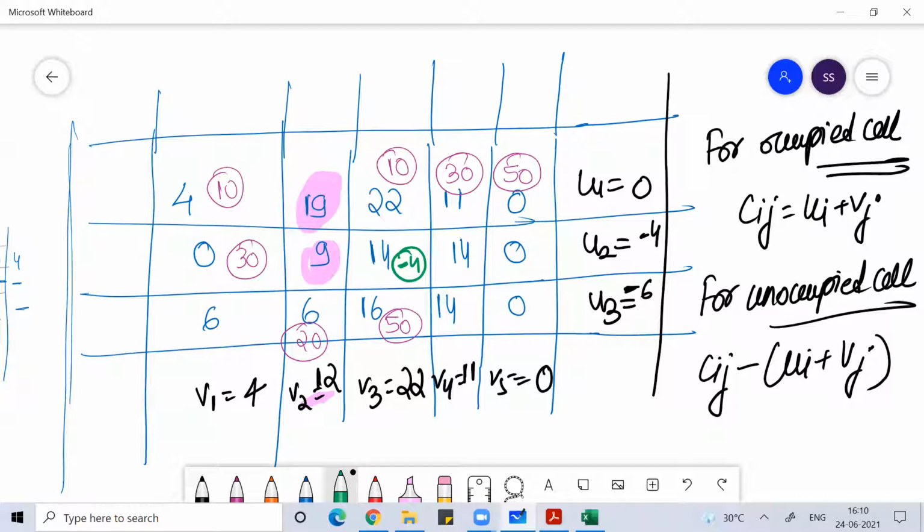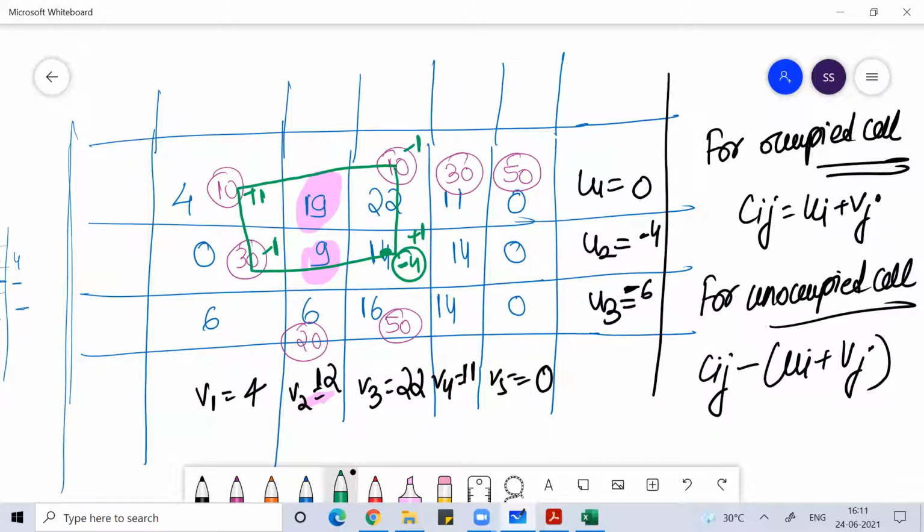So now I'll create a loop to fix this value, because your value cannot be negative. This is plus sign, minus sign, plus sign, minus sign.